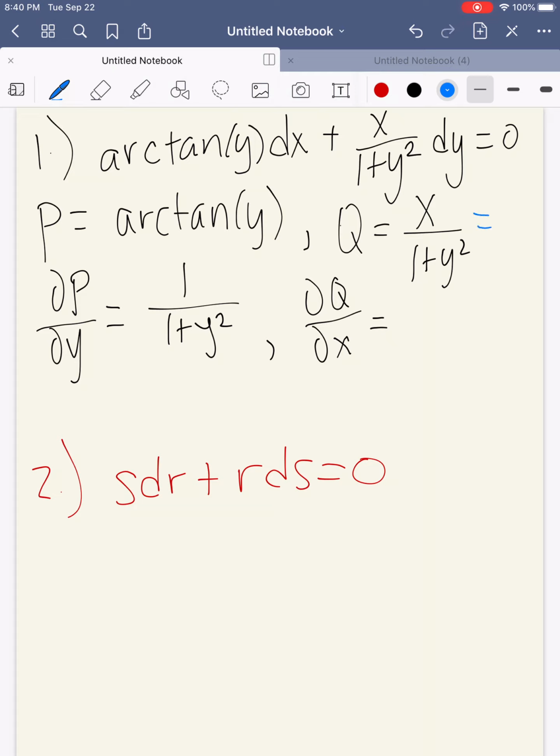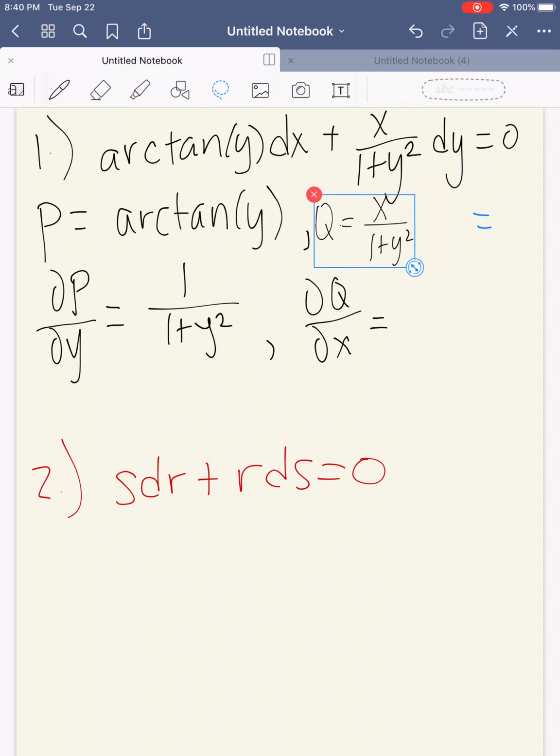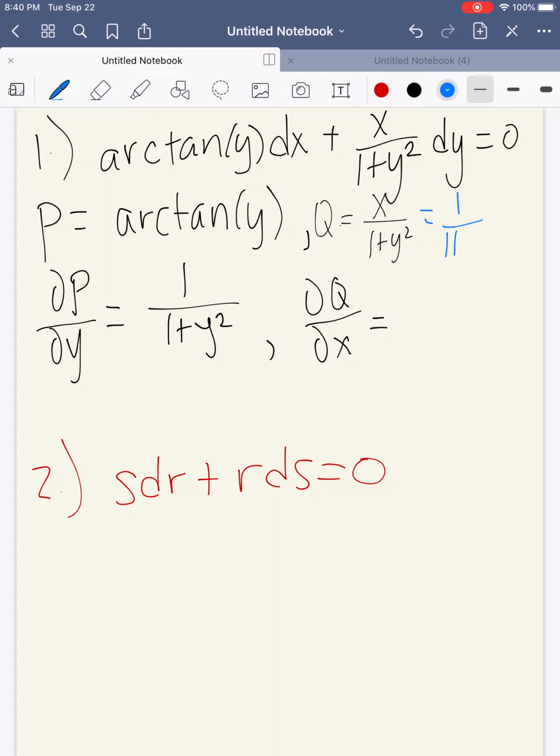So I'm going to actually rewrite this, and let me downsize this a squish so that we have some room. So I'm going to rewrite this as 1 over 1 plus y squared, and this whole quantity times x.